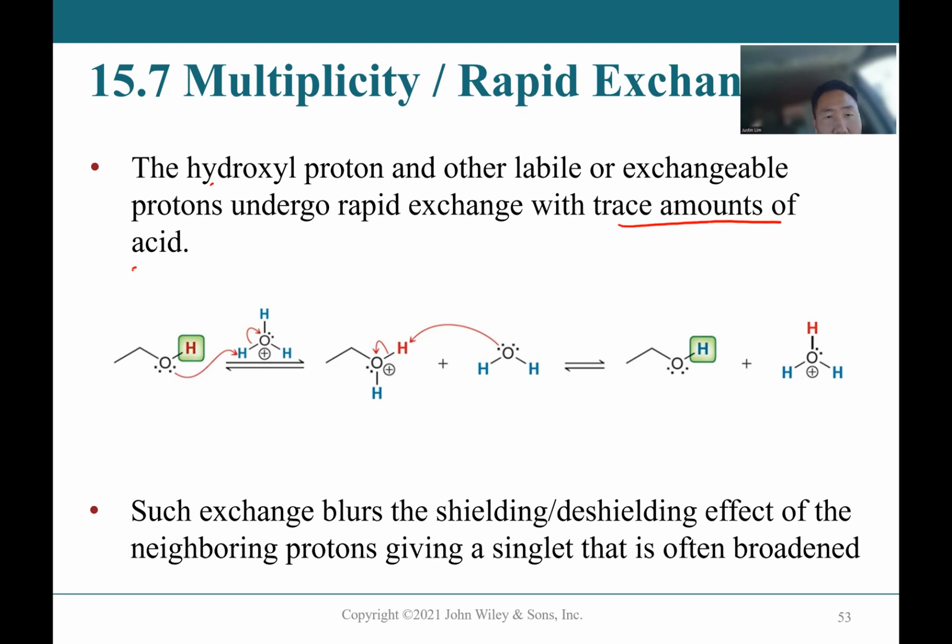So the hydroxyl proton reacts with hydronium ion to generate oxonium ion and water. And then the oxonium ion reacts with water to get ethanol. Such exchange blocks the shielding and deshielding effect of the neighboring protons, giving a singlet that is often broadened.